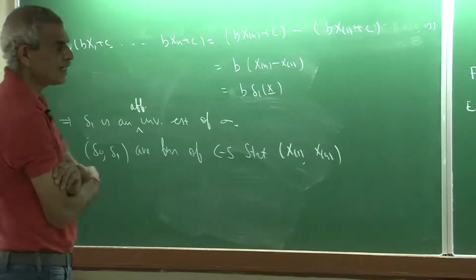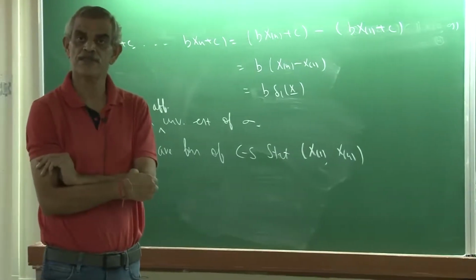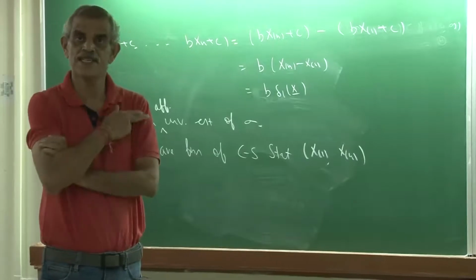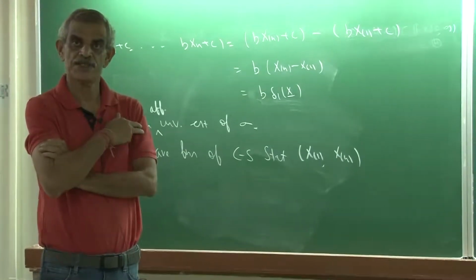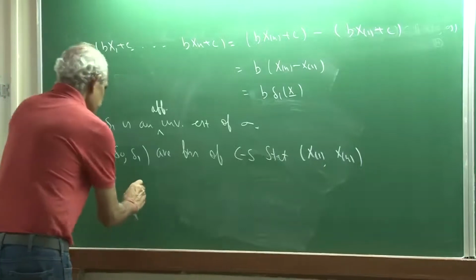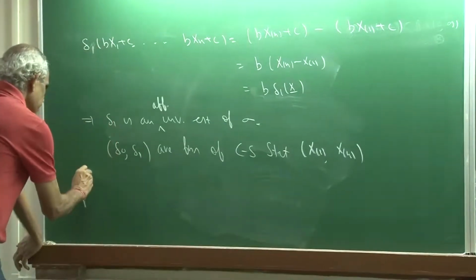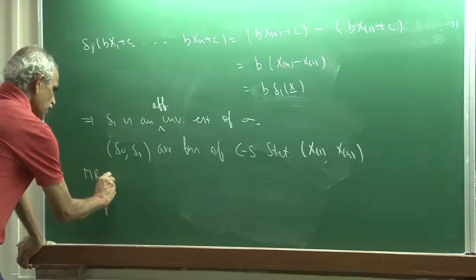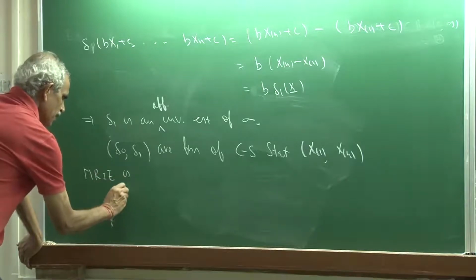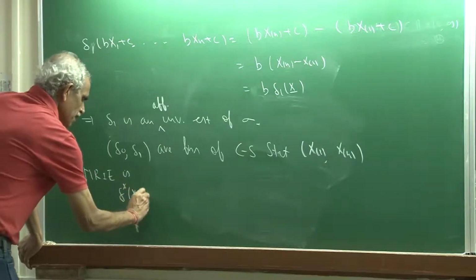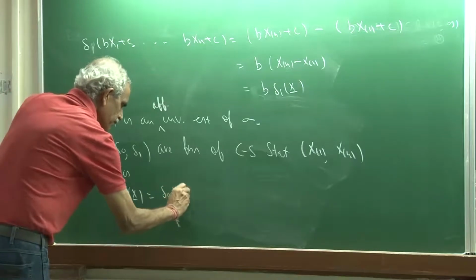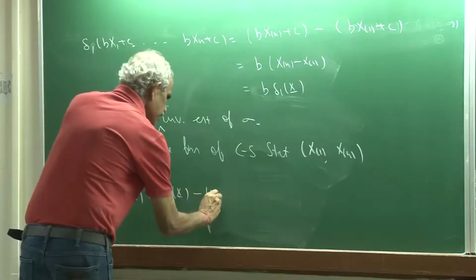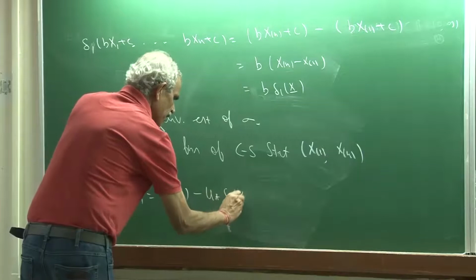So what it means is that minimizing u star does not depend on w, and in fact that conditional expectation does not depend on w. So what is the minimizing u star? So the MRE is delta star x, which is delta naught x minus u star times delta 1 x.